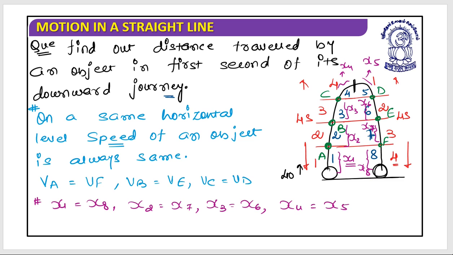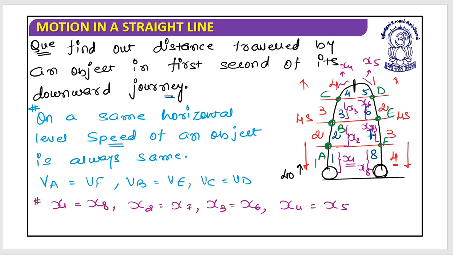You can have a rough sketch of it. Just divide according to the time of ascent and time of descent, and you can have one upward journey and one downward journey. So in the first second of the downward journey, the distance traveled would be the same as in the last second of the upward journey. I hope these things are clearer to you.